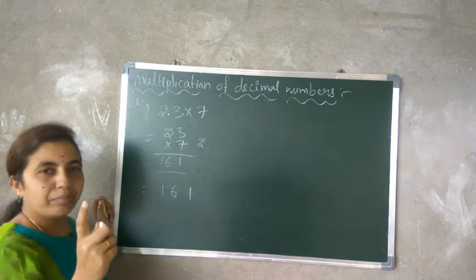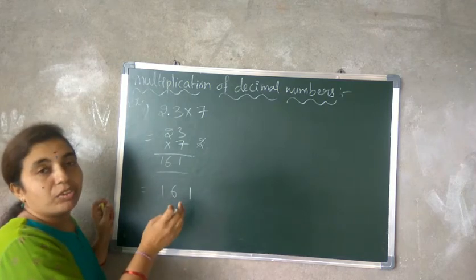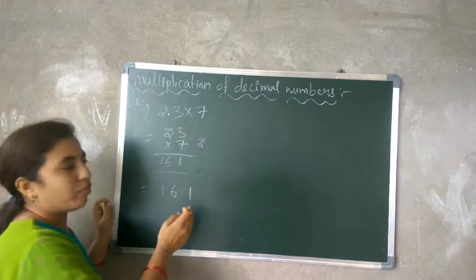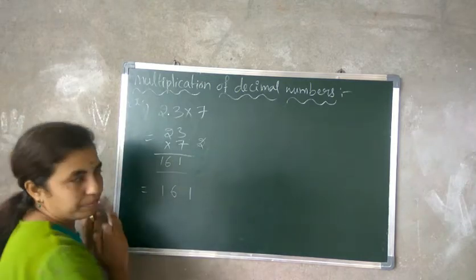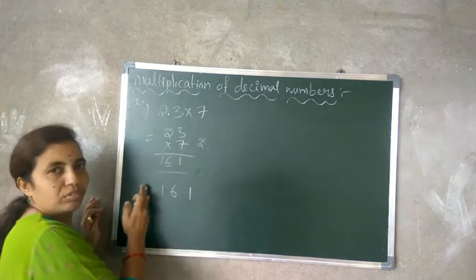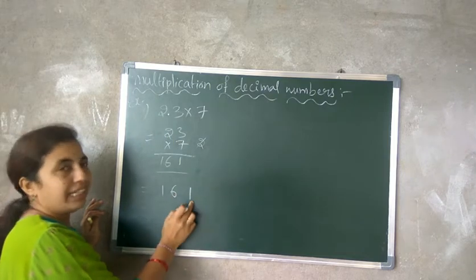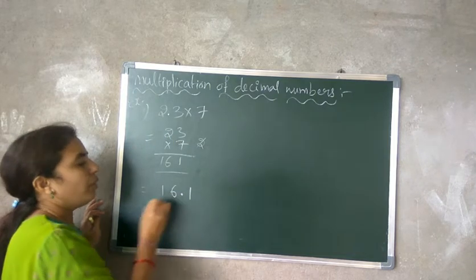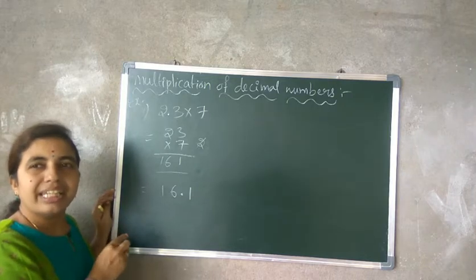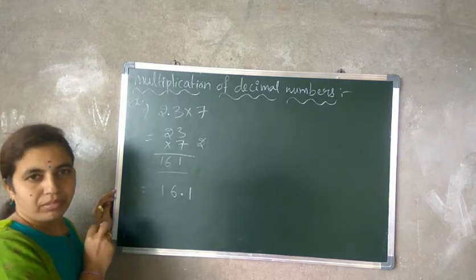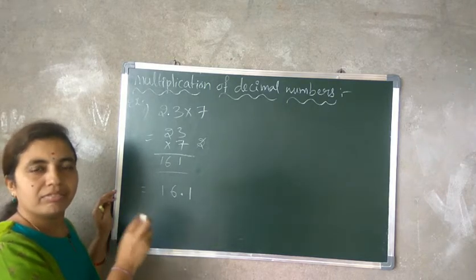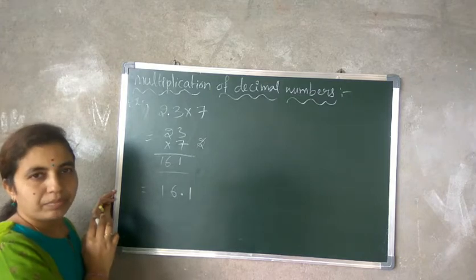Whenever you are keeping the decimal point, you should go from right to left. So one digit before the end you have to keep a point. So the answer is 16.1. Clear?